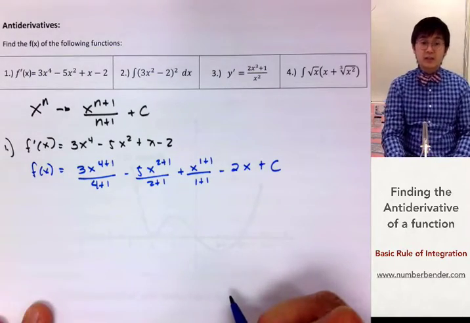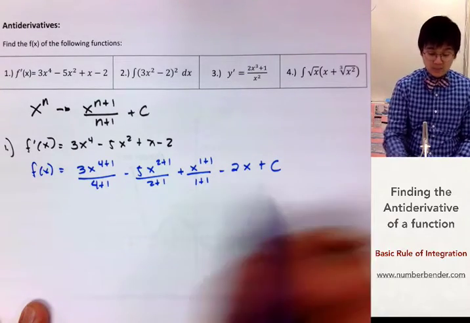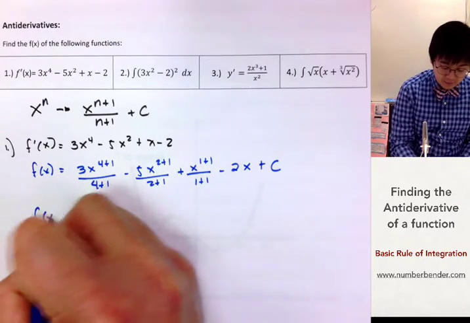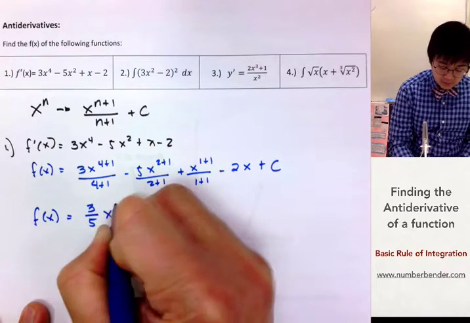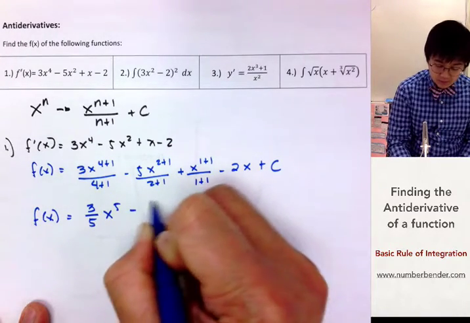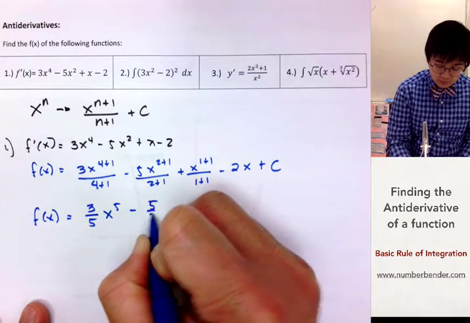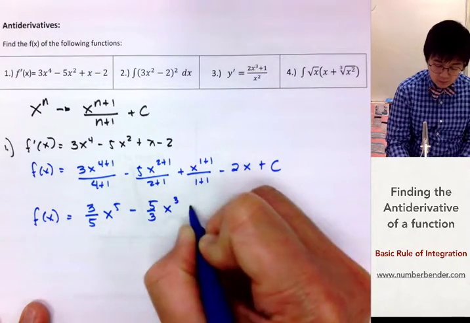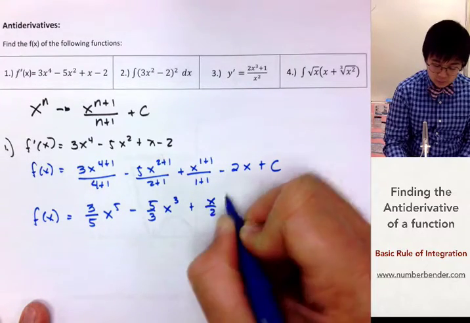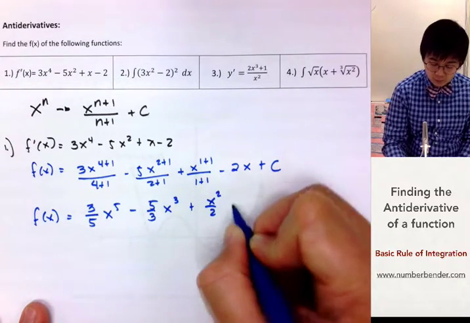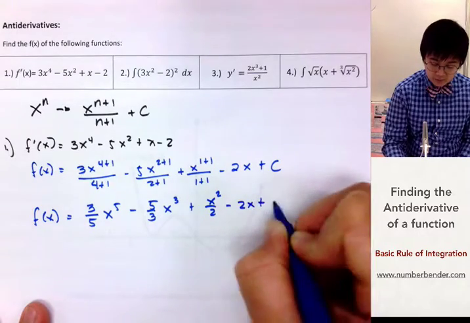By simplifying it, f of x is simply 3 over 5 x to the 5 minus 5 over 3 x to the 3 plus x squared over 2 minus 2x plus c.